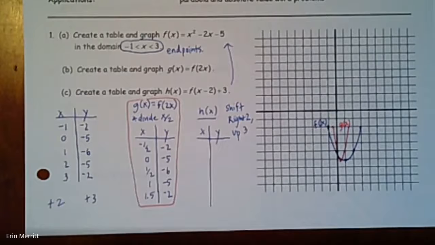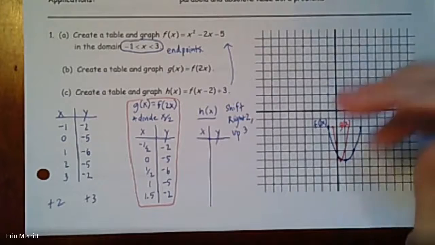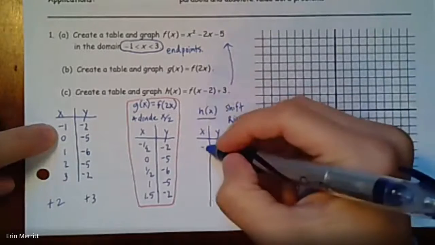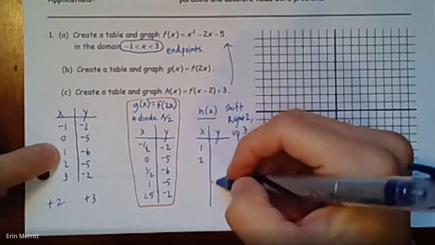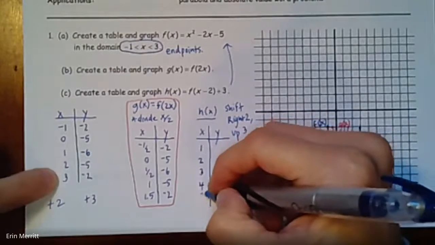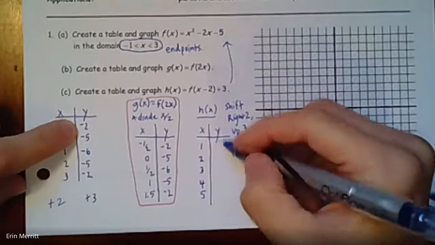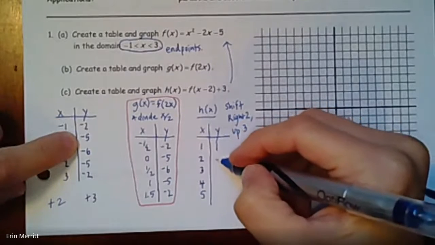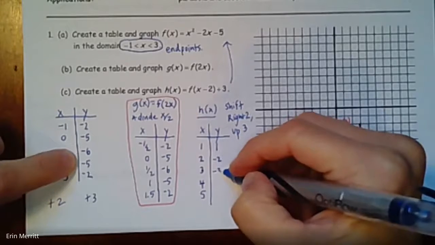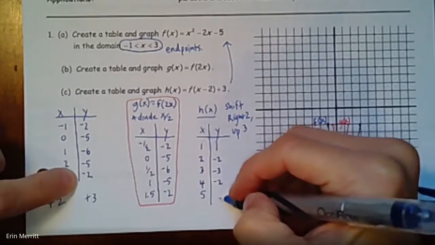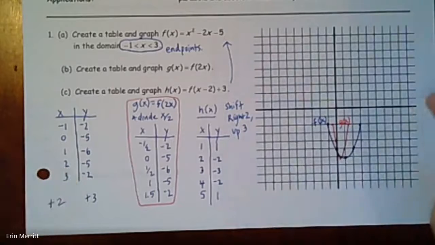So how you do it or what order you do it in is completely up to you. So if I add 2 to this, it would bring me to 1. This would be 2. This would be 3, 4, 5, easy peasy. And then for the y values, add 3 to all those. That would be now positive 1. That would be -2. That's -3, -2, and then positive 1. All right.